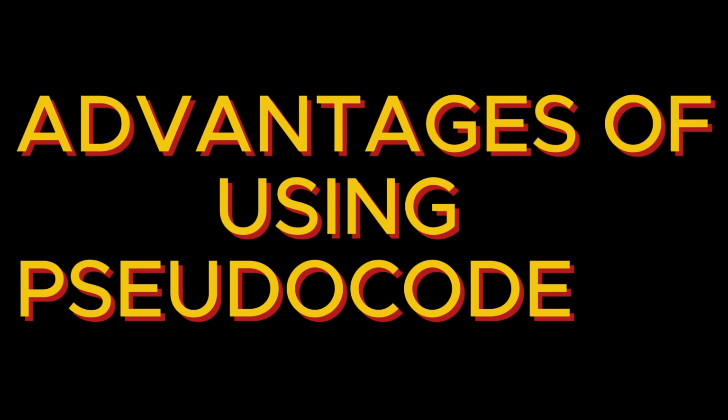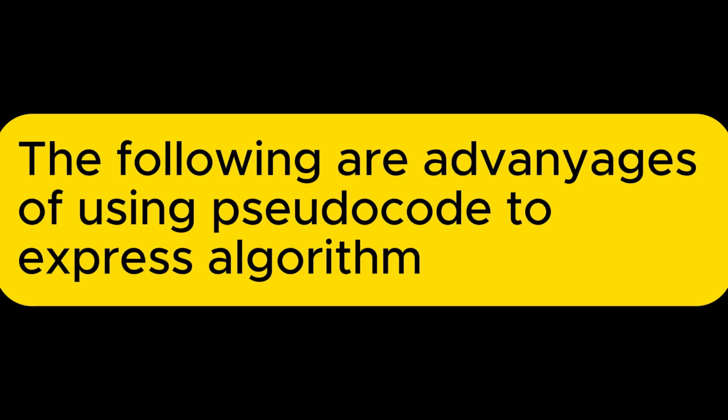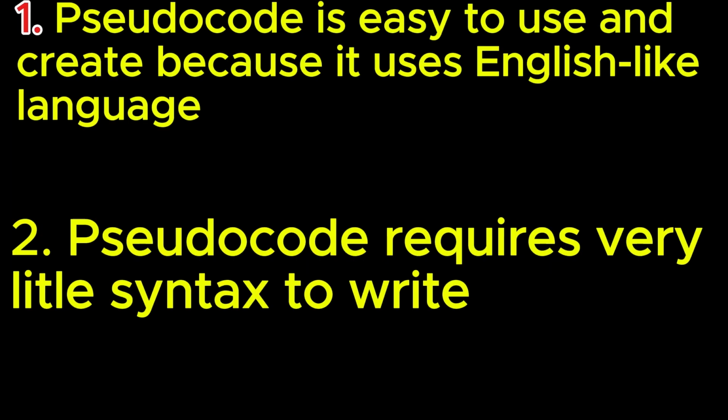There are also advantages of using pseudocode rather than natural language. The following are some advantages of using pseudocode to express an algorithm. First, pseudocode is easy to use and create because it uses English-like statements.